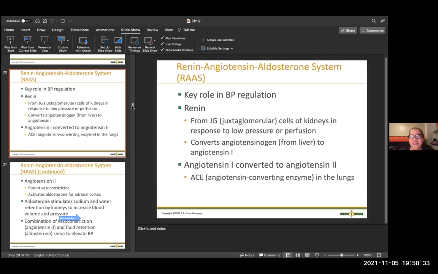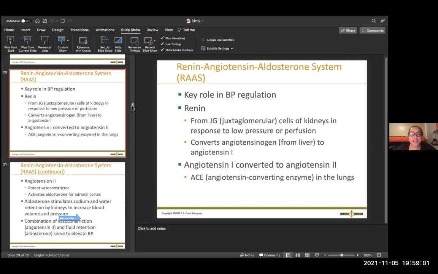The firemen don't do anything in the firehouse, right? They play cards. But if there's a fire, hey, firemen, come here. So they will be activated. The same thing here. If there's low blood pressure, activate the angiotensinogen. It's just inactive. So the liver will release it, and with the help of renin, it will convert it to angiotensin 1.